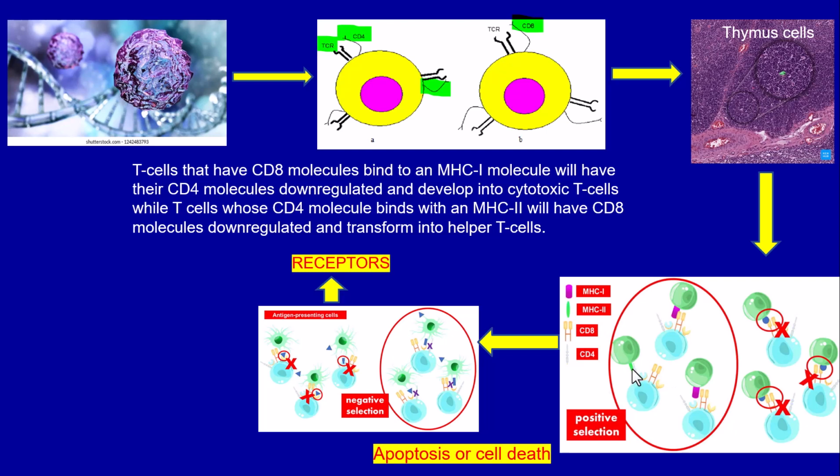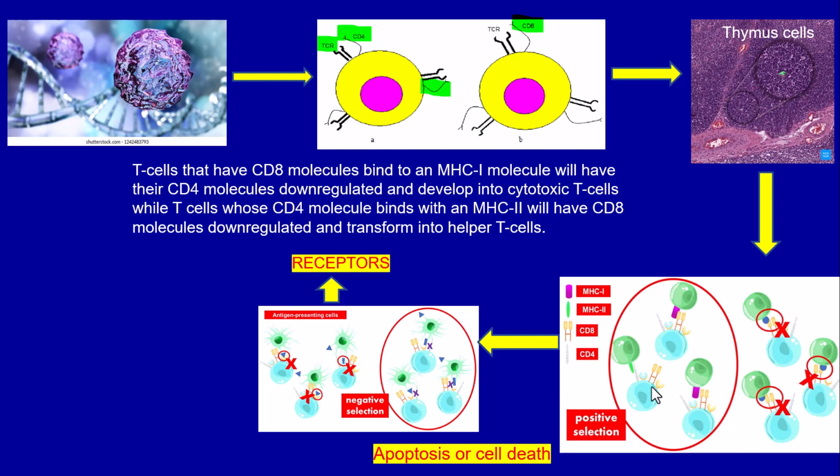In the same way, if CD8 is accepted and CD4 is rejected, this is called negative or down regulation for CD4. Down regulation means there is reduction or total prevention of development of these molecules.